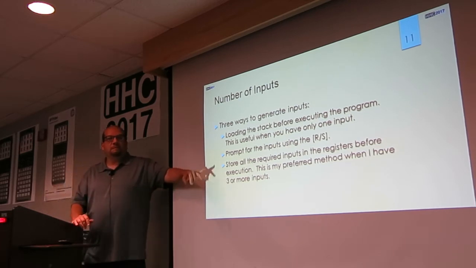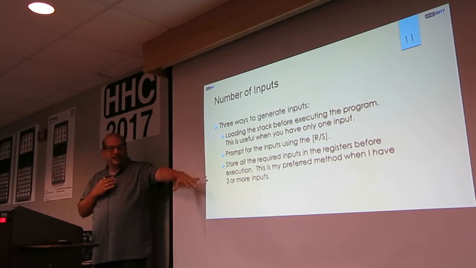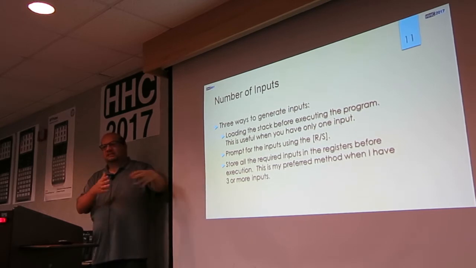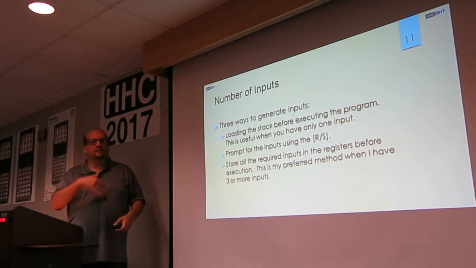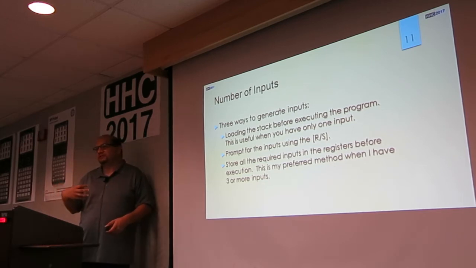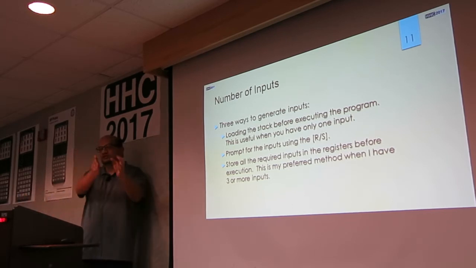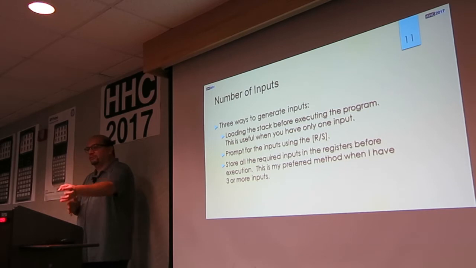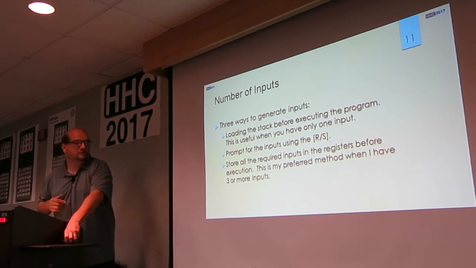So by having the user pre-store everything in advance, you're going to save some space. It also allows for a little more customization, because if you have different scenarios, you can change one variable or 2 variables or however you need, and then run your program.